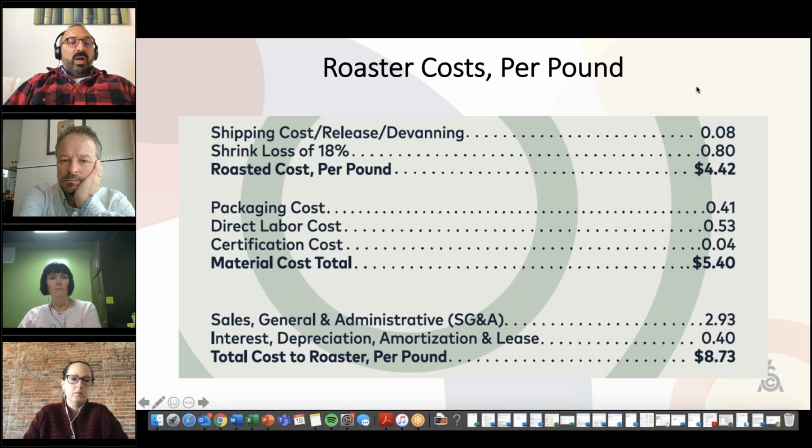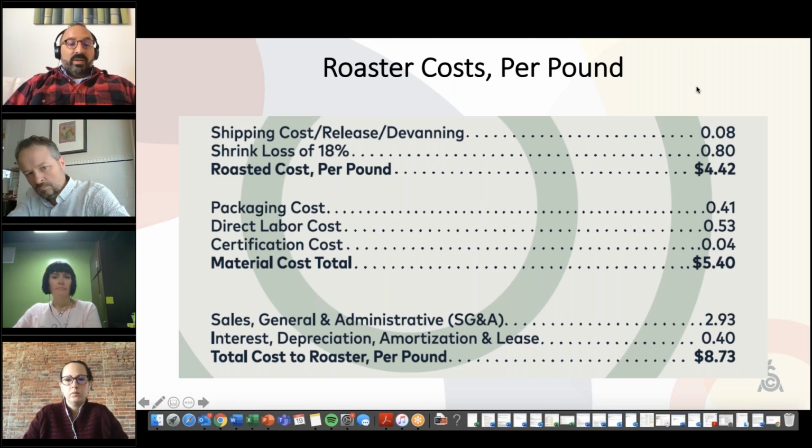If it's a roaster operating a 90-kilogram roaster all day long, they're going to be much more efficient than a person who's in a shop environment roasting on a 10 kilo or a smaller roaster and doing lots of batches. So that's how that varies.